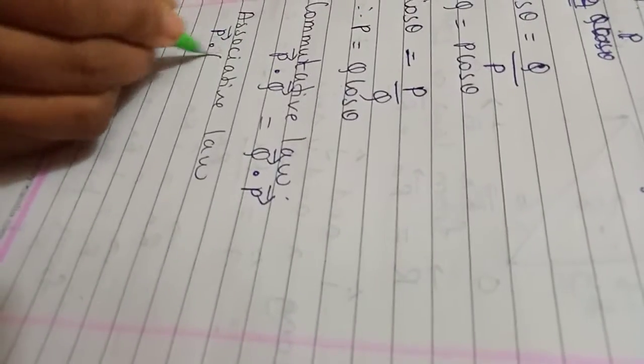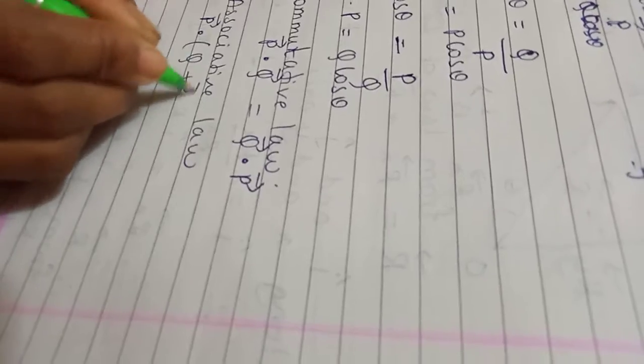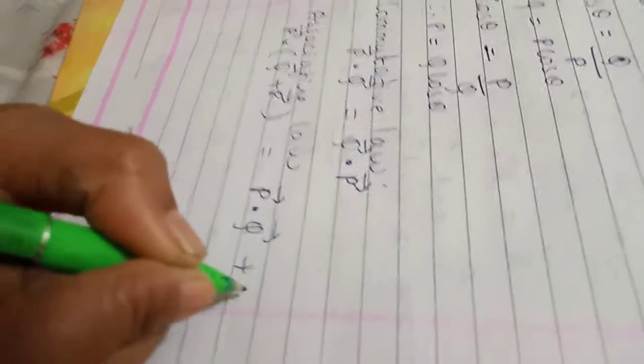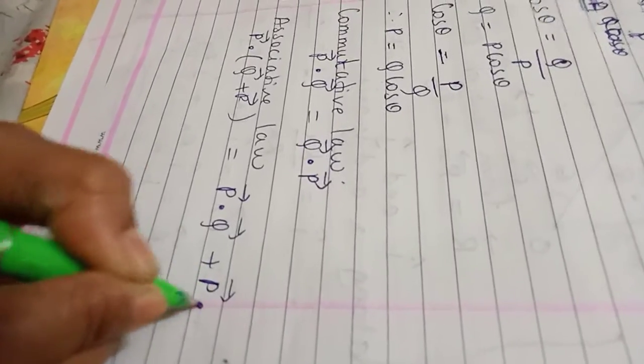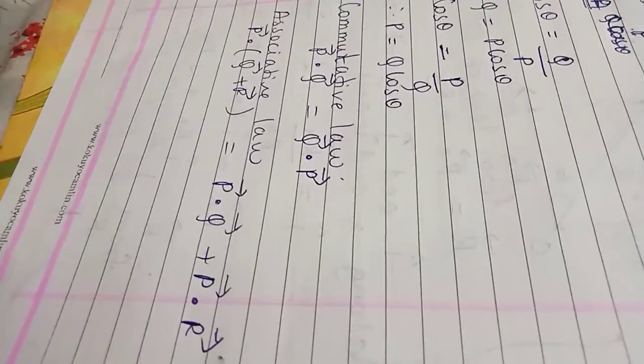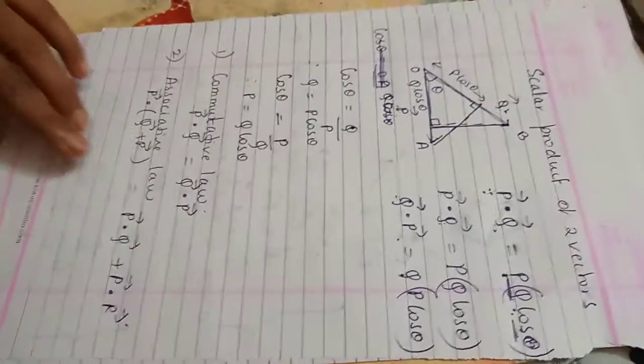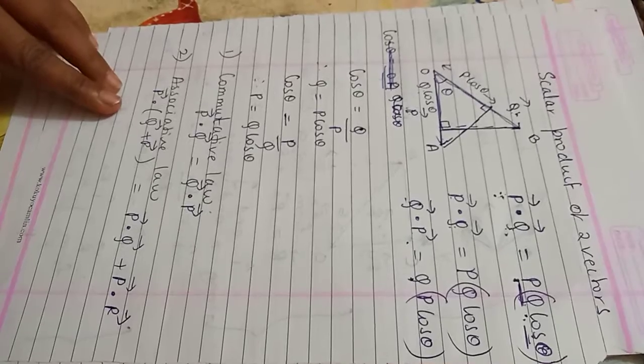P dot Q plus R is equal to P dot Q plus P dot R. It also obeys the associative law of vector addition. This is also called as associative law or associative law of vector multiplication.